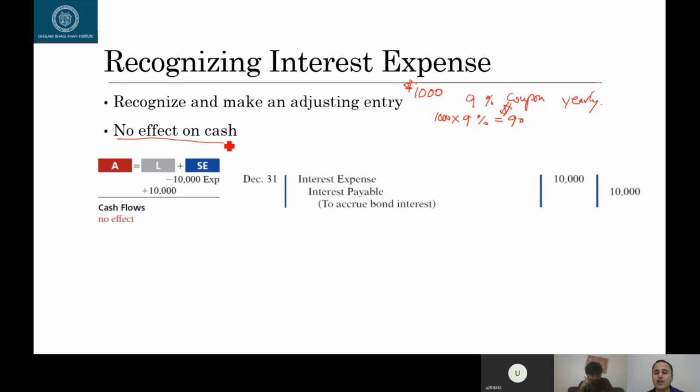These entries do not affect your cash because you are not paying cash to the bondholder. The only thing you're doing is recognizing the interest expense in your books so that your books show your actual financial position. Suppose you do not recognize it, what will happen? It will overstate your income. For example, you utilize the funds for 1 year, but you did not make an entry for the interest expense for 1 year.